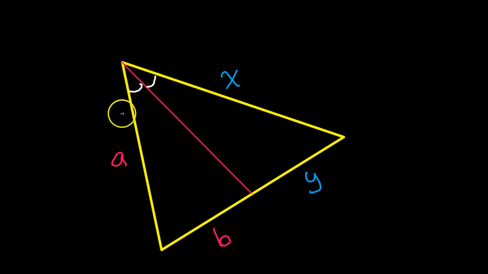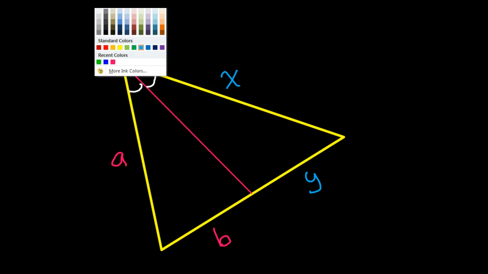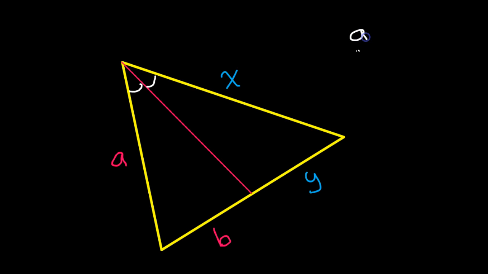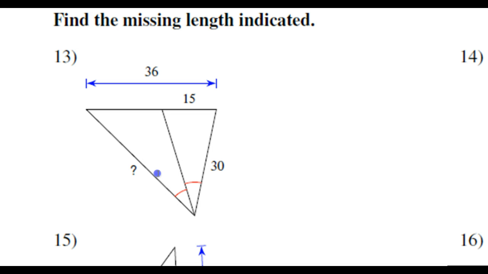So basically these two lengths on the left should be proportional to these two lengths on the right. Okay, so specifically A over B should equal X over Y. So that's what we're dealing with in this picture.